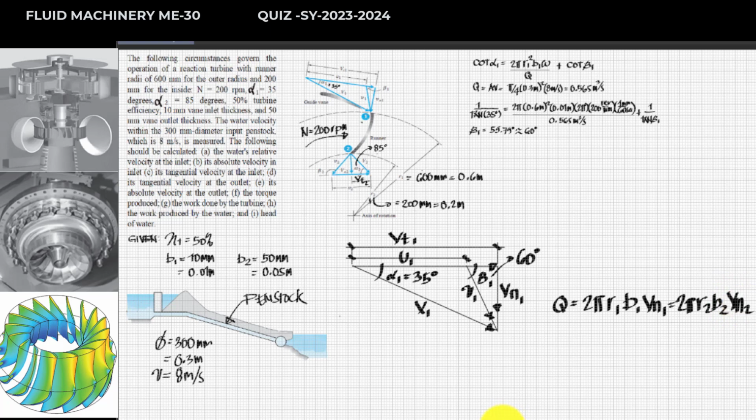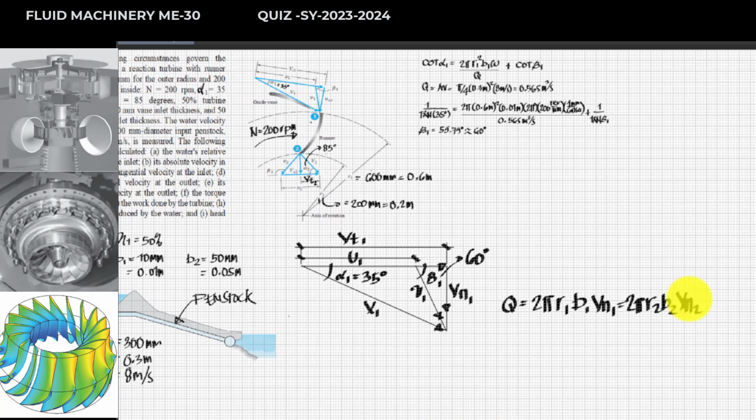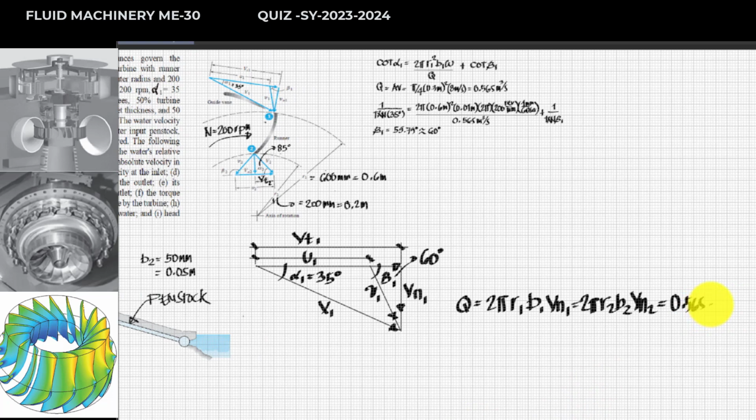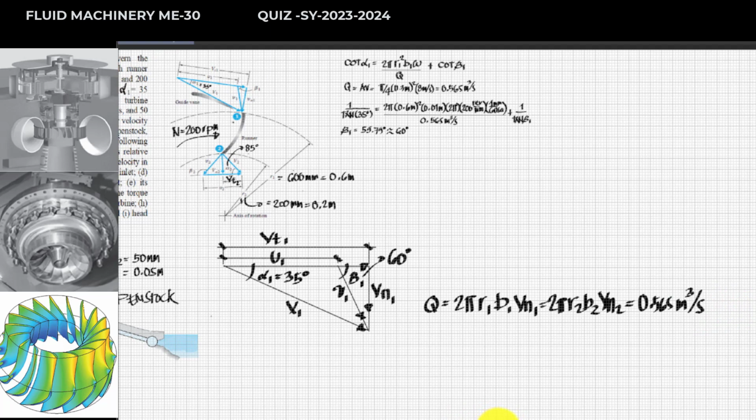Now, since ang volume flow rate natin, nakuha na natin kanina, that is 0.565. So we can equate this one as 0.565, in terms of cubic meter per second. We have the value for that one.